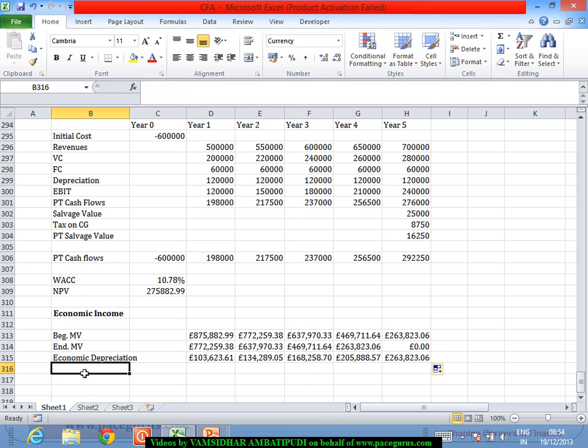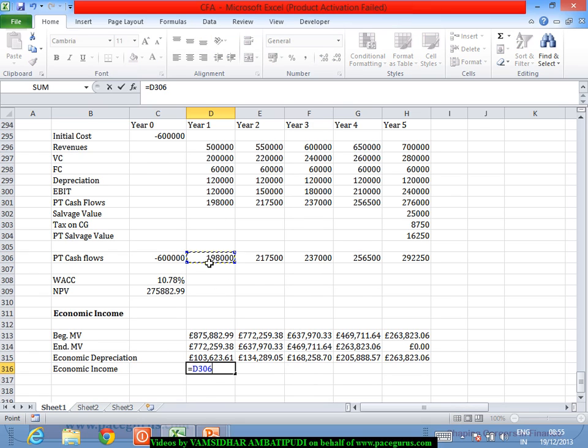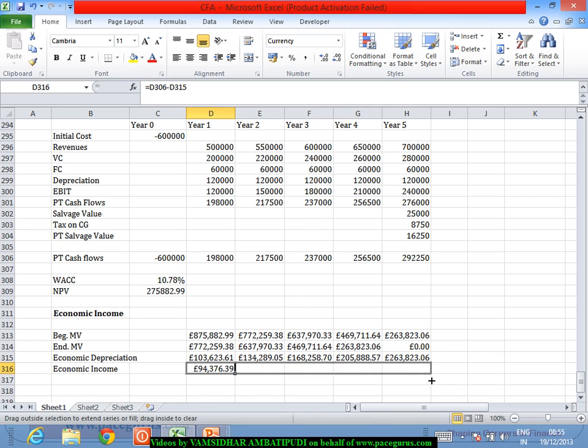So if I have to compute economic income, all I will be doing is subtracting the economic depreciation from the post-tax cash flows for each of the periods. In this case, the economic income is 198,000 minus 103. So the economic income generated in each of the periods is going to be this particular number.